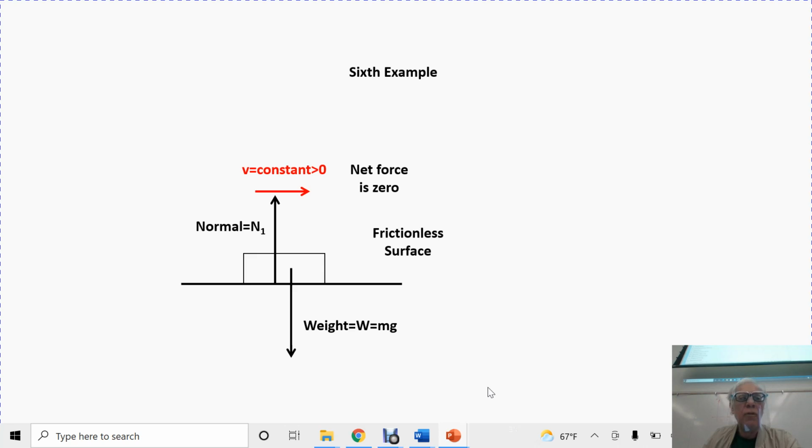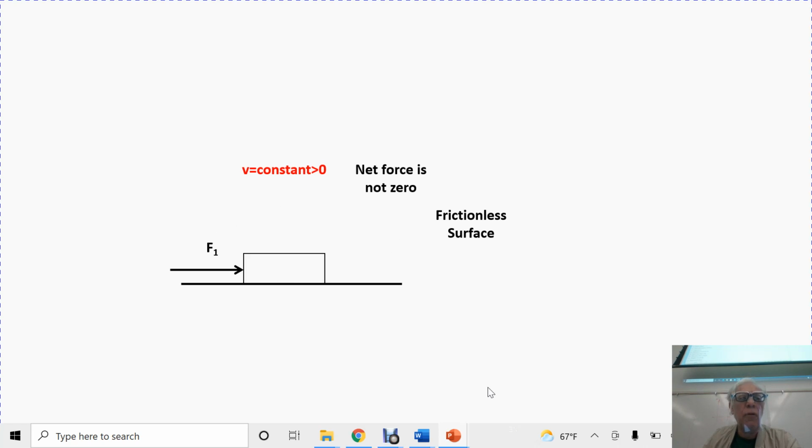And this force is going to be the normal. Since there is no friction, there is no need to have forces in the horizontal direction, unless you apply a horizontal force to this object that's moving with constant velocity. In this case, now it's Newton's second law: net force is not 0.